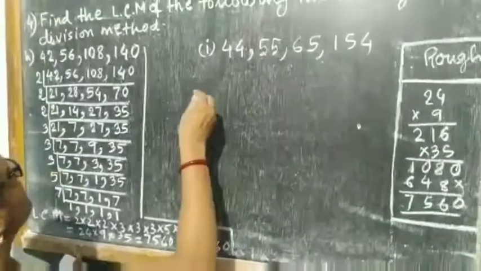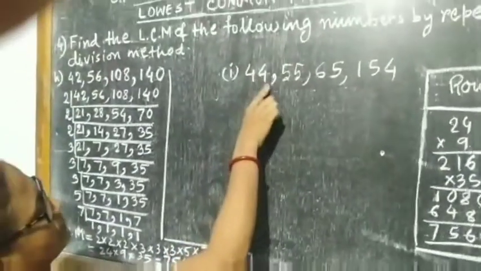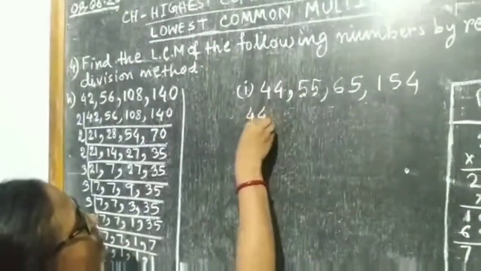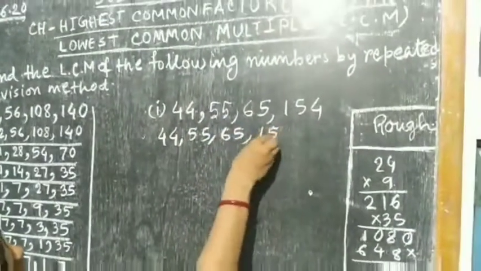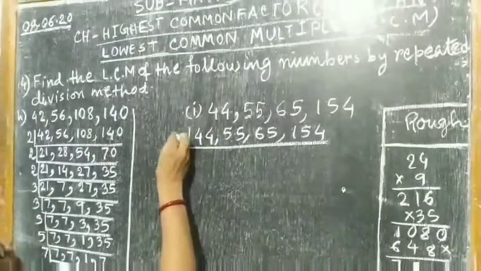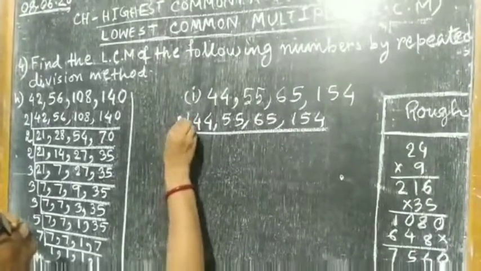Now let's do sum number I. So first you have to find out the LCM of 44, 55, 65 and 154 by the repeated division method. So first you write the sum. First you divide the numbers by 2.